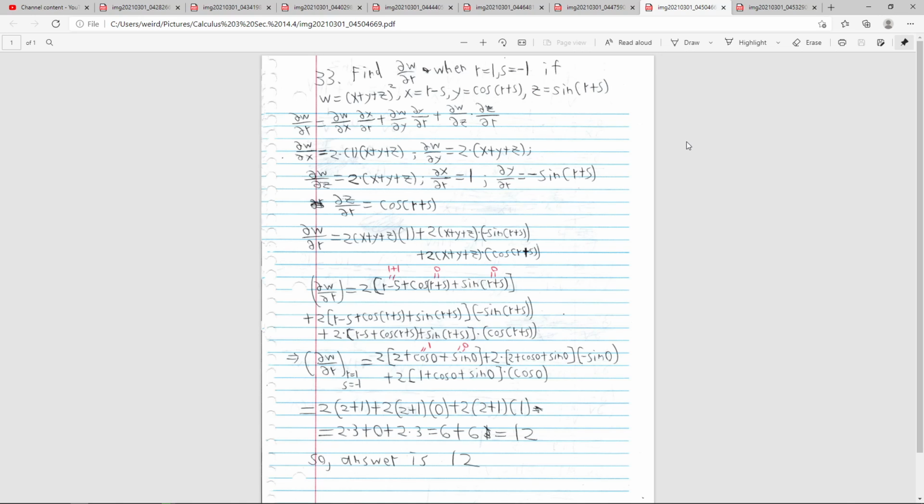At least these derivatives aren't extremely hard to do, but it's the fact that we wait to plug them in at the end. Very technical. It does all simplify in the end when you have the values, after this mess, before you plug in r equals 1 and s equals negative 1. And you finally get 12 for this.